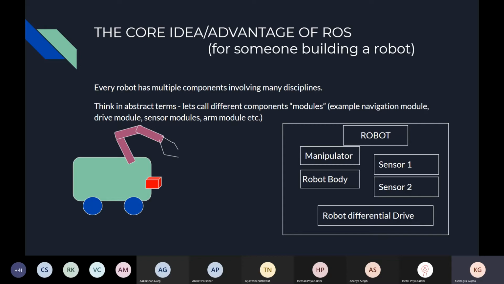So for a moment, I'll encourage you all to think in very abstract terms, and think of a robot as a collection of modules where each module is a different aspect or component of the robot. I made a very basic rough figure of a robot here, if you can see. From your first thoughts, this robot might have a robotic arm, which is called a manipulator.